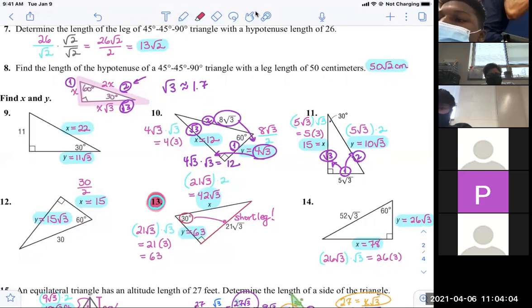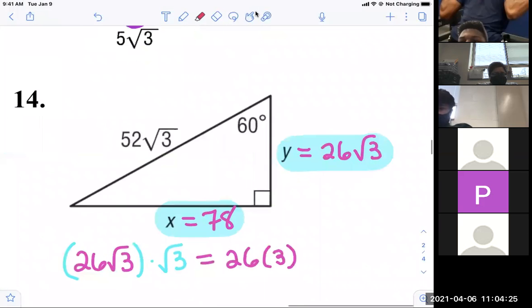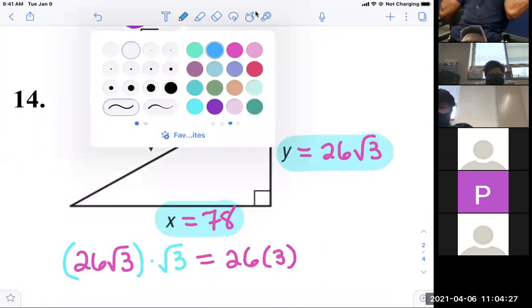Okay, how about 9 through 14? Do you need to go through a couple of those? Michael? Okay, so this is the hypotenuse.